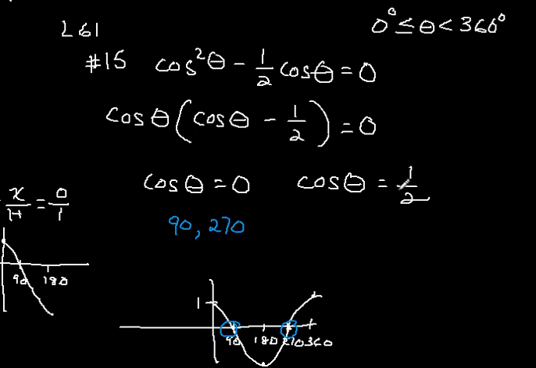And then cosine of 1/2, we should know that, shouldn't we? So y and x, if it's 1/2, it's going to be our 60 degree, because we're going to have our 1, 2, square root of 3.